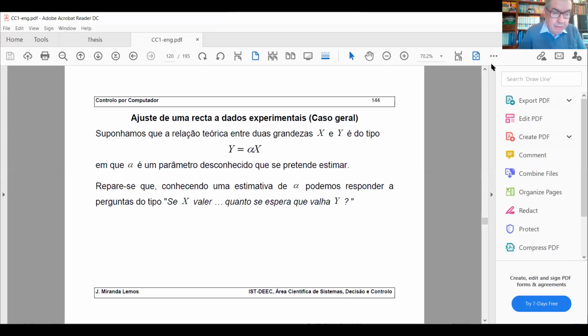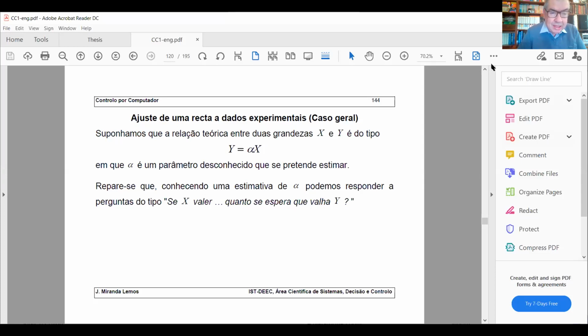So suppose that you have an experiment and you have two quantities, x and y, and you want to relate these quantities by a linear model, y equal to alpha x, and you want to estimate alpha. Now, what happens is that due to deviations of your theory, the model does not fit completely the data, so the relation is not perfectly linear.